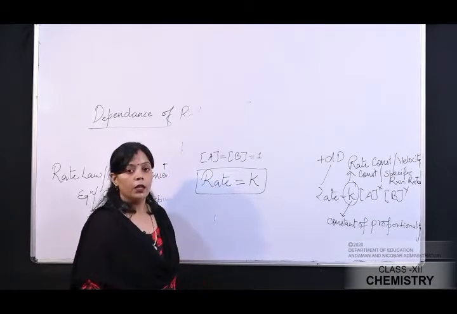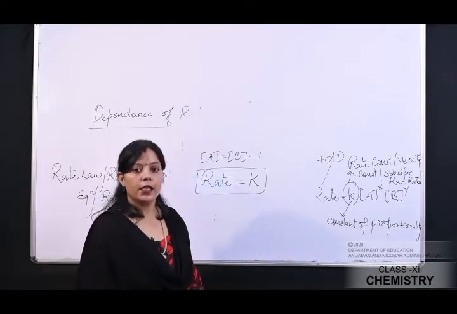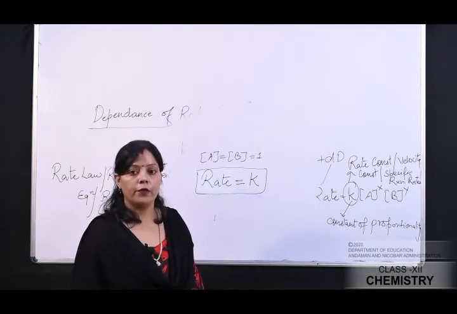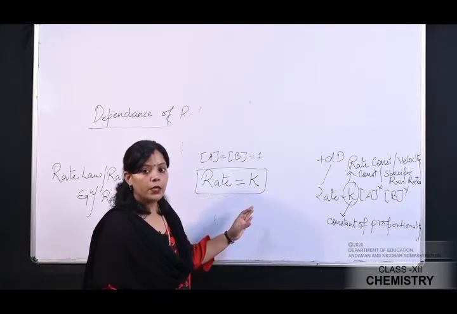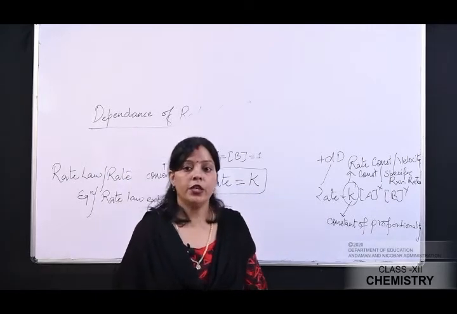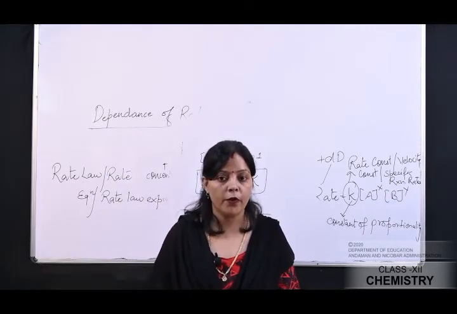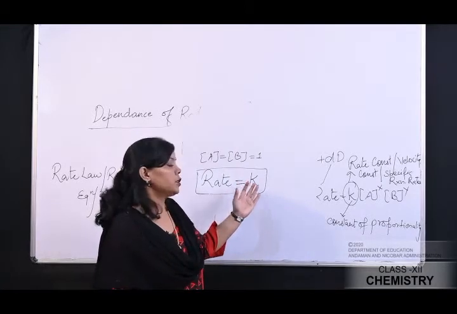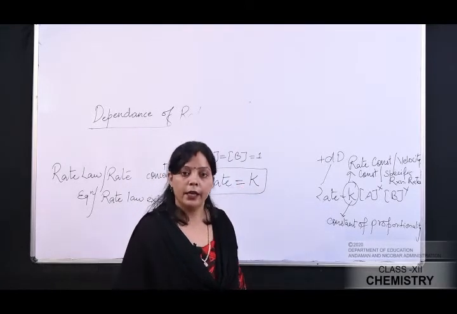The rate depends on the initial concentration of the reactant, whereas K is independent of the concentration; it depends on the temperature. And the third: the rate generally decreases with the progress of the reaction, whereas K is a constant term. It does not depend on the progress of the reaction.